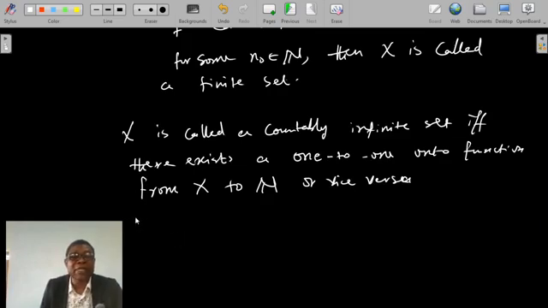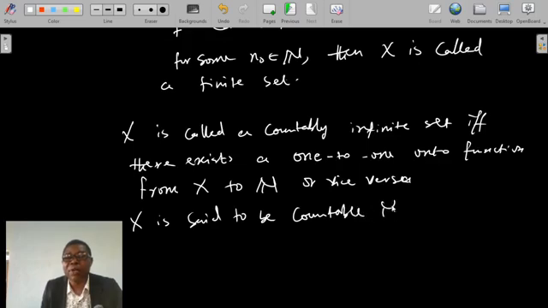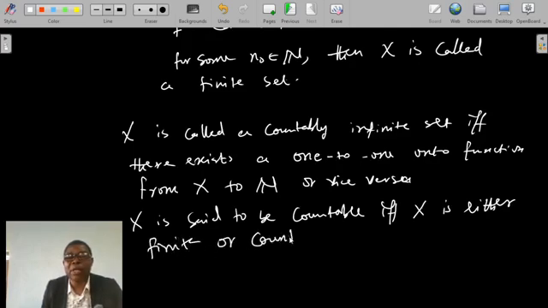A set X is said to be countable if and only if X is either finite or countably infinite.